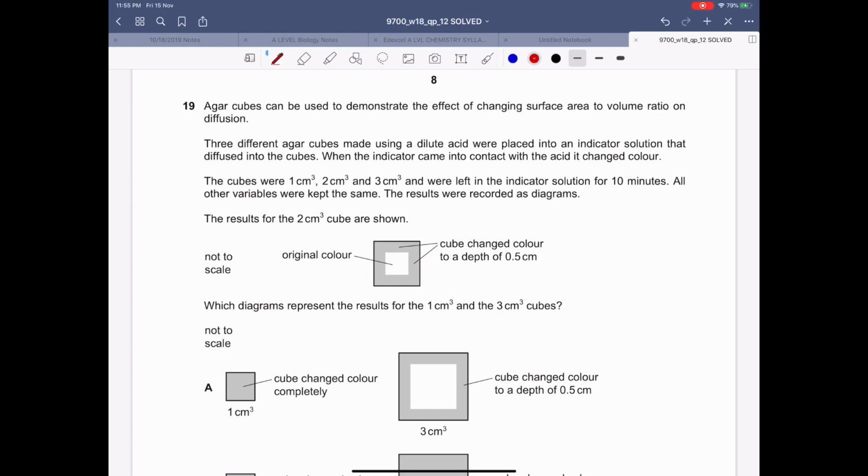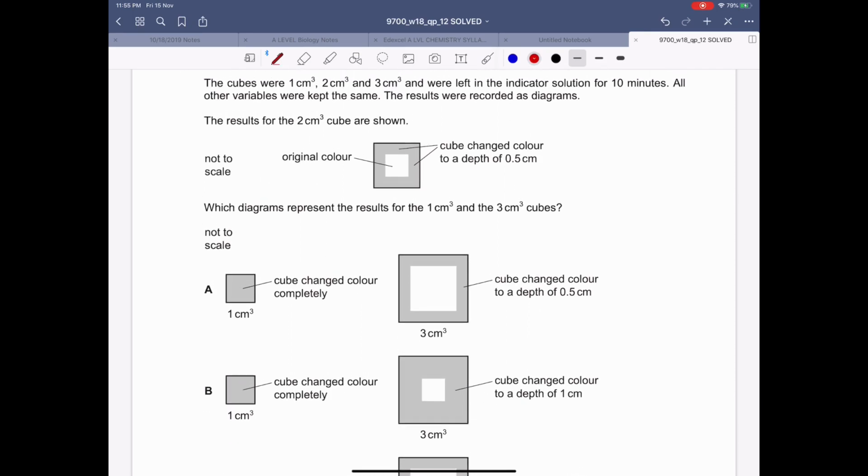The cubes were 1 cm cube, 2 cm cube, 3 cm cube, and were left in the indicator solution for 10 minutes. All other variables were kept the same. The results were recorded as diagrams. The results for 2 cm cube are shown.